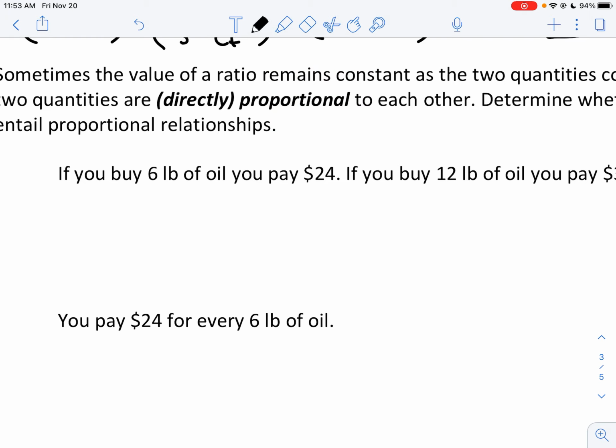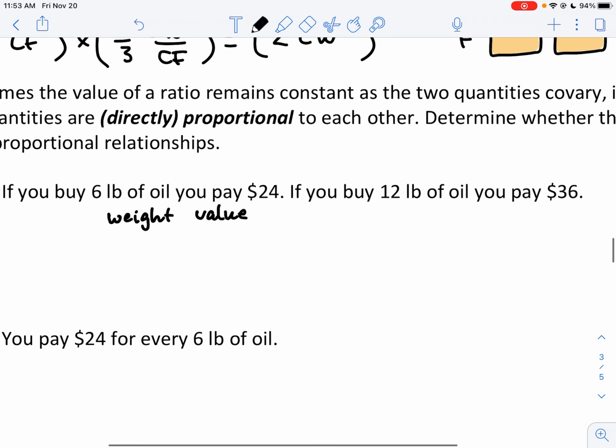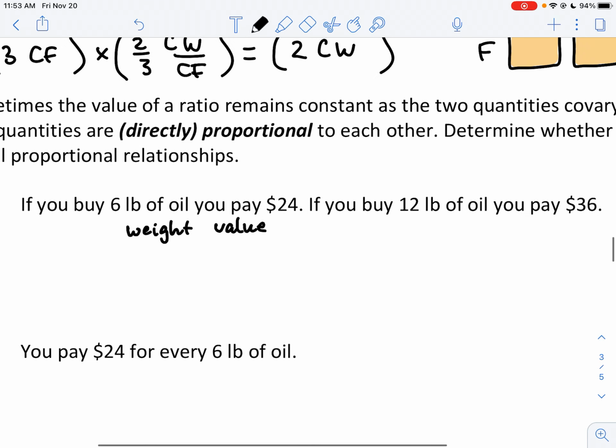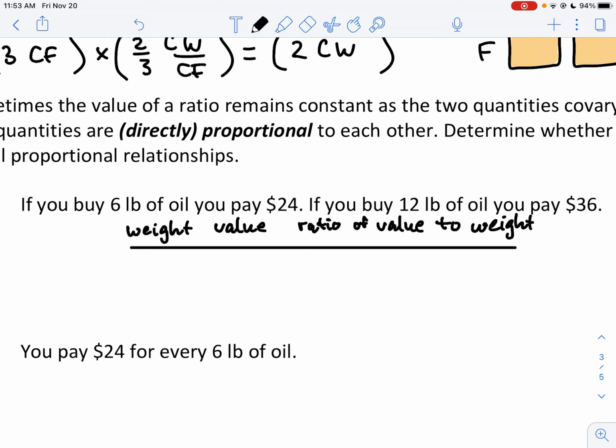So I'm going to make a table. I'm going to put the weight, make a little small table here, the value, and then we're going to do a ratio of, let's do a ratio of value to weight. Okay, make a small table.